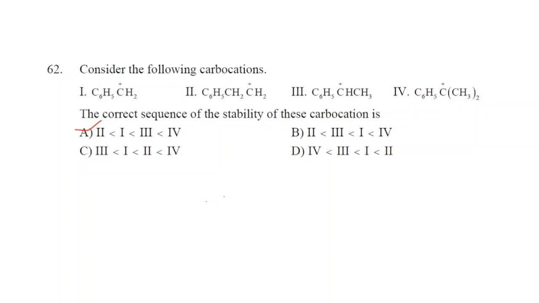If we consider the stability, we know the tertiary carbocation is more stable, and moreover, along with the resonance effect, we can also see the hyperconjugation in the fourth case, where the number of hyperconjugative structures is 6 here, and 3 in the case of 3, and in the case of 2, there is no resonance stabilization, and hence 1 follows by 1 and then 2.